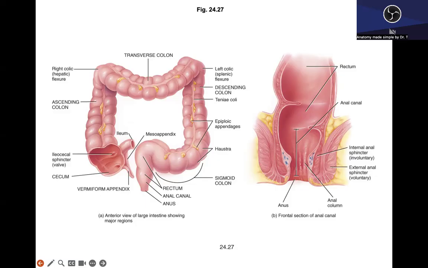And we're going to have also some interesting reflexes, which essentially are triggering movement of material through the large intestine. One of them is the gastrocolic reflex.